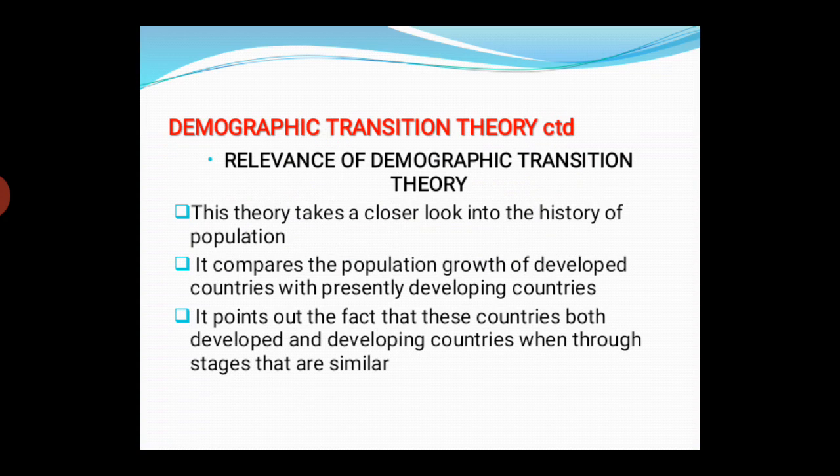The developed countries went through the same transition, and the developing countries also went through the same transition. Both experience the same transition. So these are the relevance of demographic transition theory.